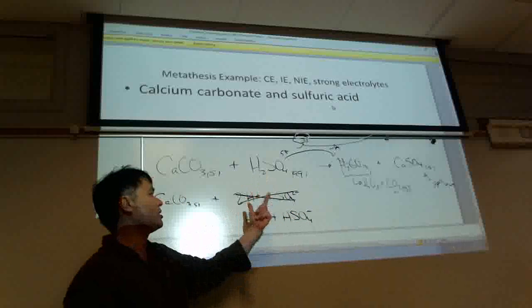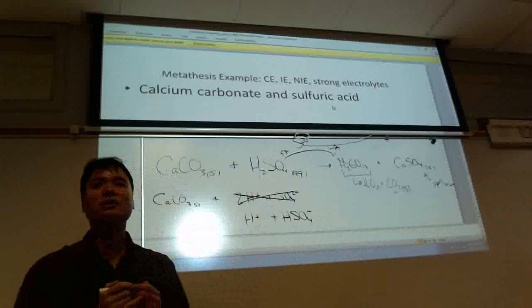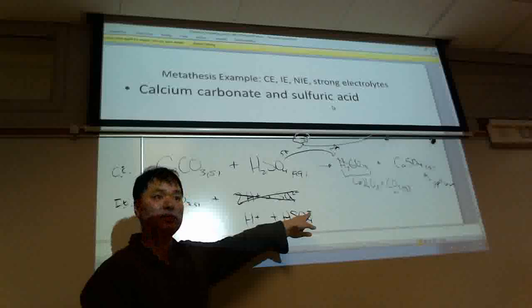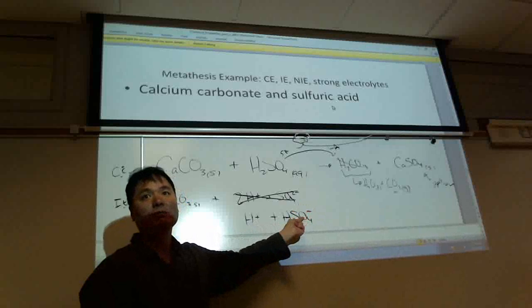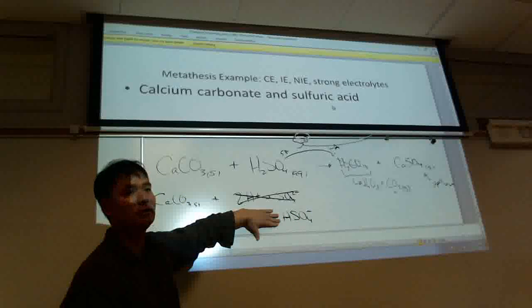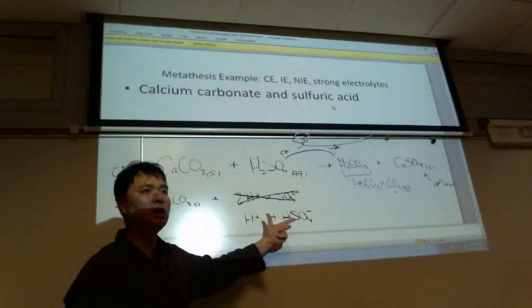That means that hydrogen is held on weakly. But once you lose the first hydrogen, then the second hydrogen is harder to lose because now we're trying to pull it off a negative species, make it even more negative. It's going to be more difficult. And so is this a strong electrolyte, HSO4-? No, it's a weak electrolyte. And therefore, we only dissociate one.